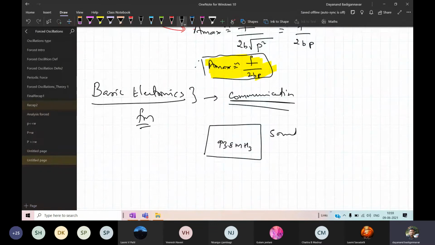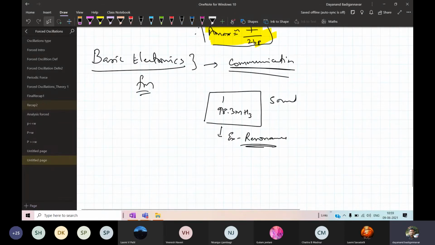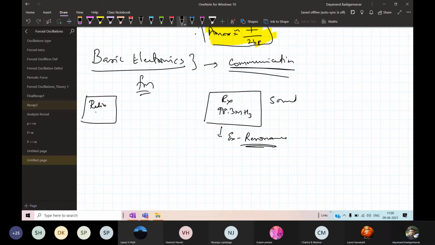It is 98.3 megahertz. So this is actually an example of resonance. You have the radio receiver, and this is a radio transmitter, an FM transmitter.